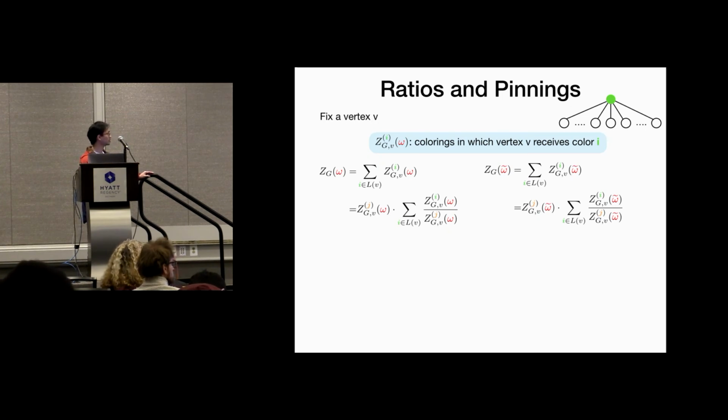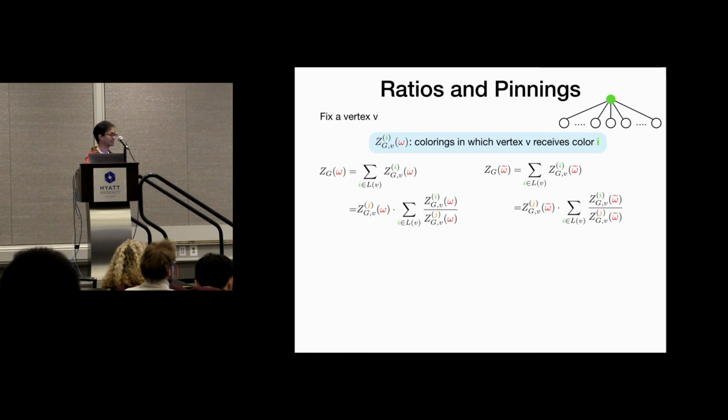So let's do one more step. Let's fix the vertex V and consider the following restricted partition function. What is C of I? C of I is where we restrict to colorings where vertex V receives color I. For example, if I is the green color, then we pin the color at vertex V to be I, and just consider colorings of everything else.